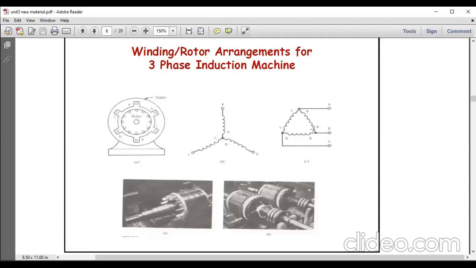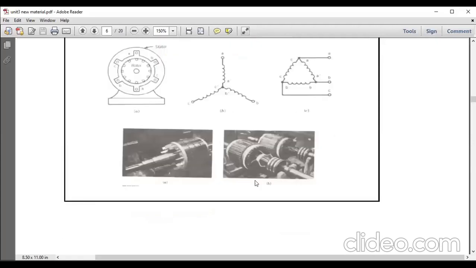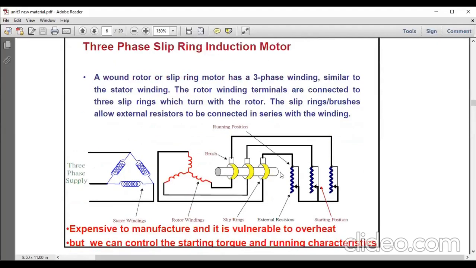The stator side is either star connected or delta connected. This is the slip ring induction rotor, and this is how the circuit diagram appears. You can see the red highlighted points: expensive to manufacture, and vulnerable to overheat. Vulnerable in the sense it is somewhat dangerous, or it may cause damage to the system because of overheating.